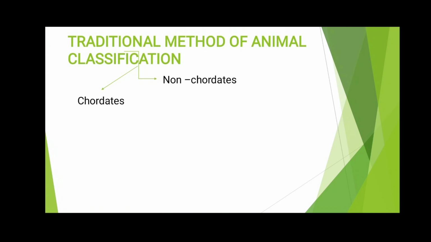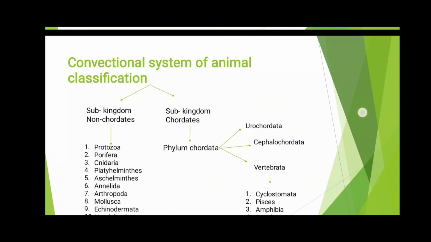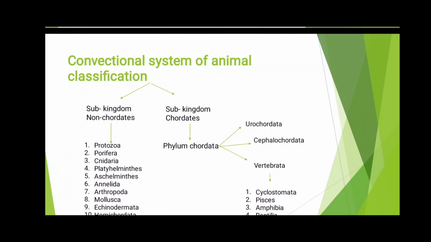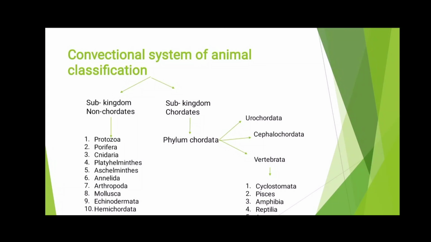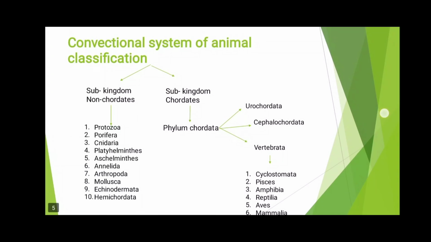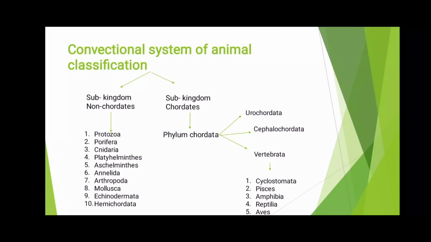Okay, good. So students, let's move to the next topic. That one is the conventional system of animal classification. Remember everyone, let's study this flow chart first, and then we can move further to their characteristics as well.